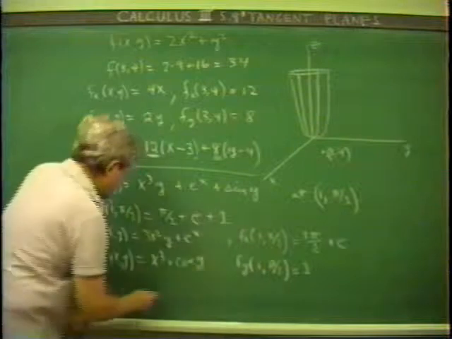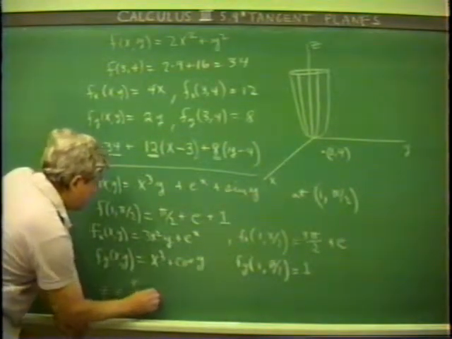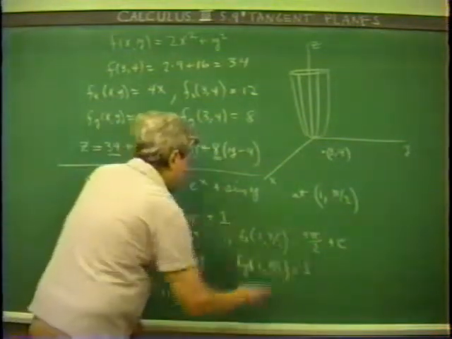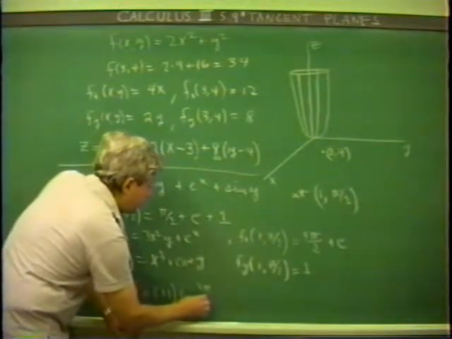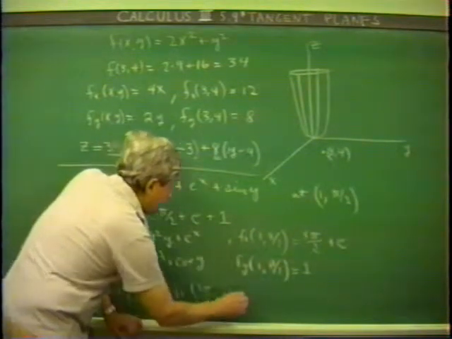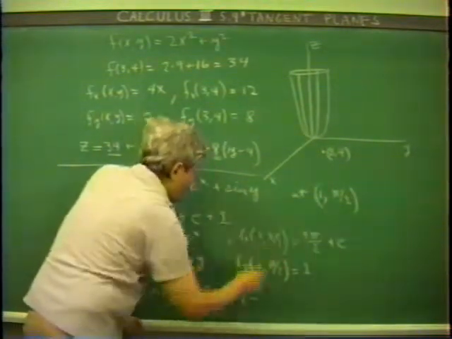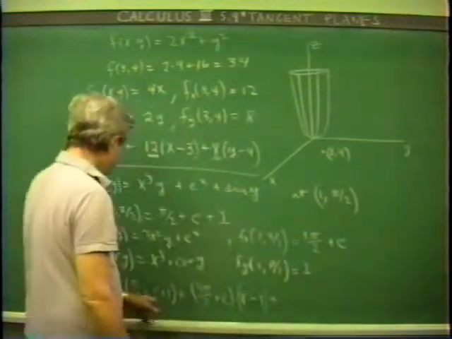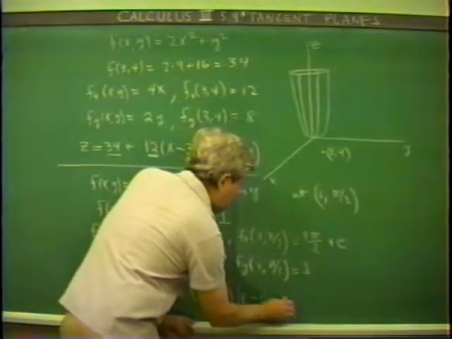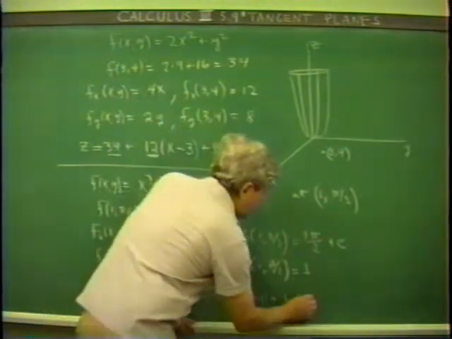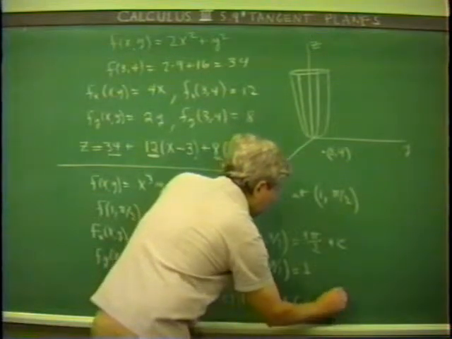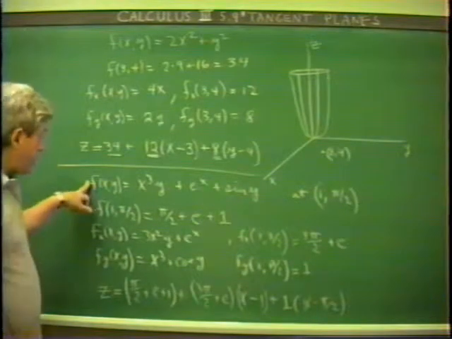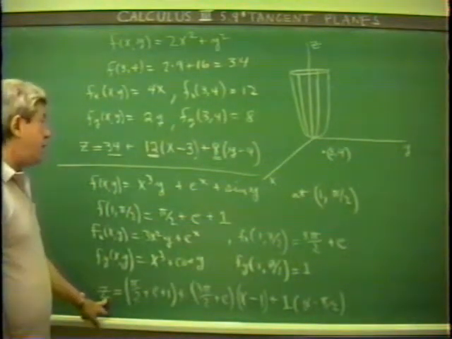The equation of the tangent plane consequently is going to be z is equal to the value of the function, pi over 2 plus e plus 1, plus the partial with respect to x, 3 pi over 2 plus e, times x minus 1, the x value, plus the partial with respect to y, which is 1, times y minus pi over 2.